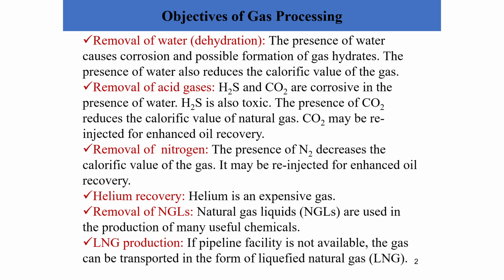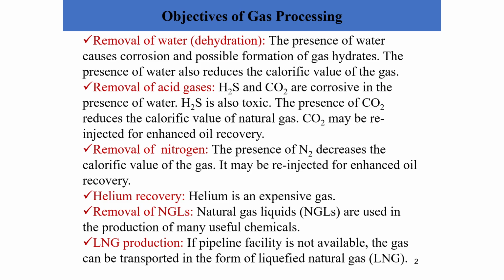So we want to prevent the formation of gas hydrate due to the presence of water, so we remove the water, and we also need to remove the water to improve the calorific value of the produced gas. And then the removal of acid gases such as H2S and CO2, because they are toxic gases. They may cause or contribute to the corrosion of the equipment, and they may also reduce the calorific value of the produced gas.